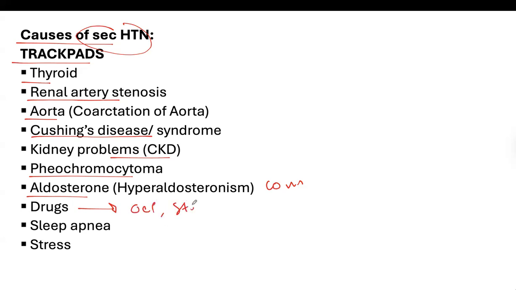Then if a patient is on long-term steroid or even NSAID, it can cause hypertension. Sleep apnea can be a cause and stress can be a cause as well. All right. So these are your secondary causes of hypertension, which you need to rule out in your history.